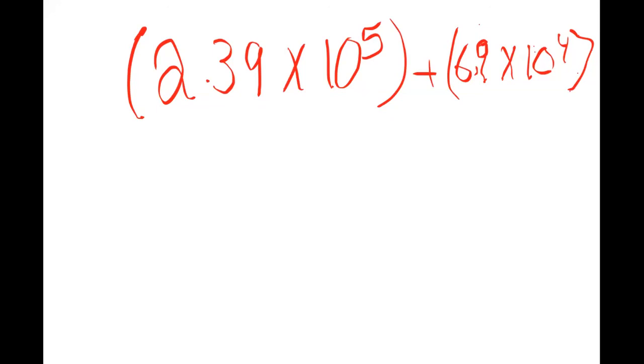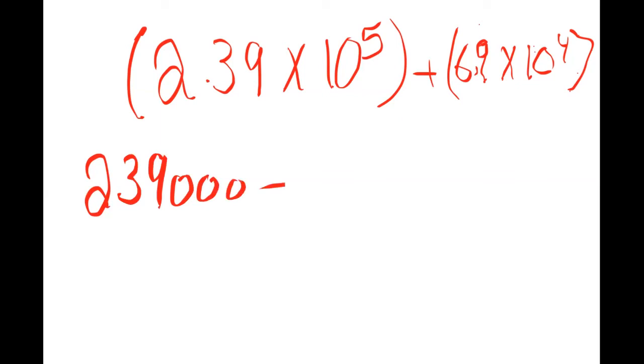Okay. The final answer, what will be the working out? The first one is 2 3 9 and 3 zeros plus 69 and 3 zeros also. Yes, thank you.